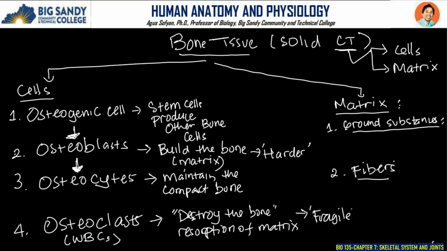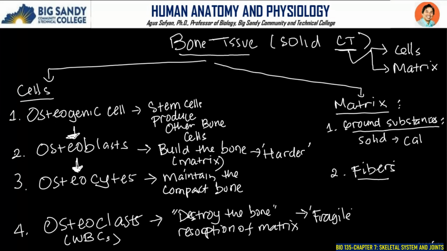Okay, ground substances and fiber. And we know bone is a solid connective tissue. So the ground substances will be solid. Okay, remember there are 3 types of ground substances: solid, gel, and liquid.